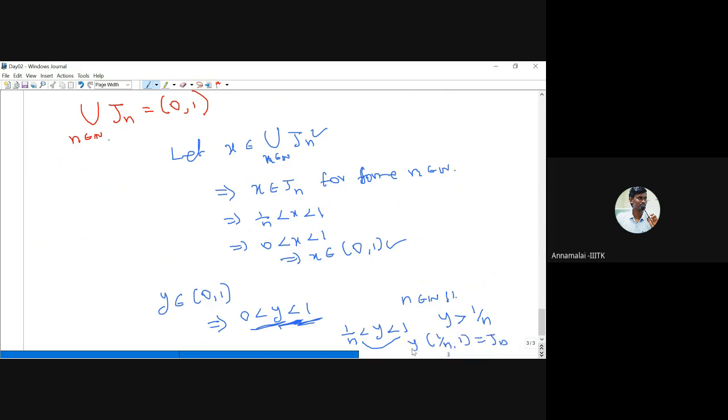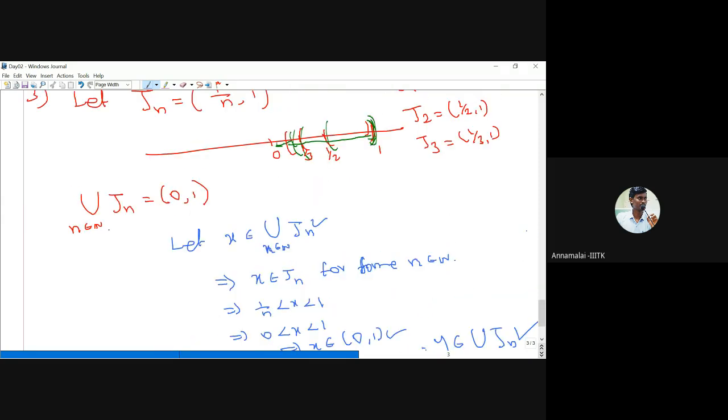So we proved that y belongs to Jn for some n. Since y is in one Jn, it is in the union. Therefore we started with an arbitrary element in the open interval (0, 1) and proved that the element is in the union. So we proved the two containments, and therefore the union of Jn is (0, 1).